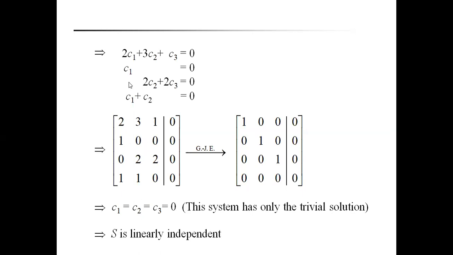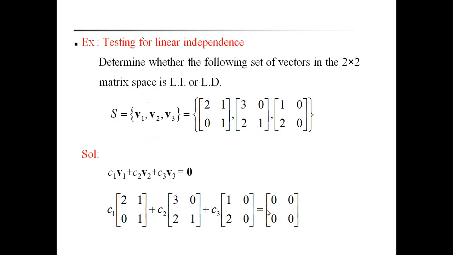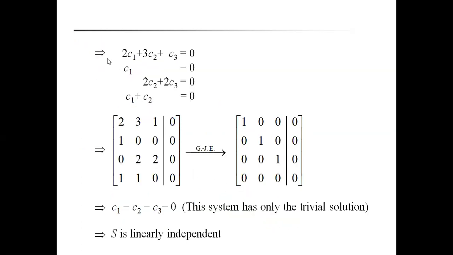In the third equation C1 is not there, so that coefficient is taken as 0, 2, 2. Next, in the fourth equation 1, 1; the C3 is not there, so we take 0 here. The right side is the 0 matrix: four values 0, 0, 0, 0, the first row 2 elements and the second row 2 elements. That's why we get the 4 equations in matrix form.